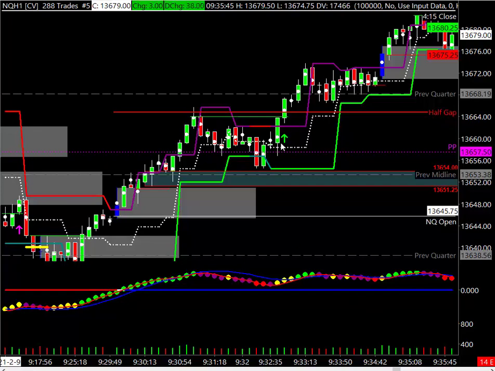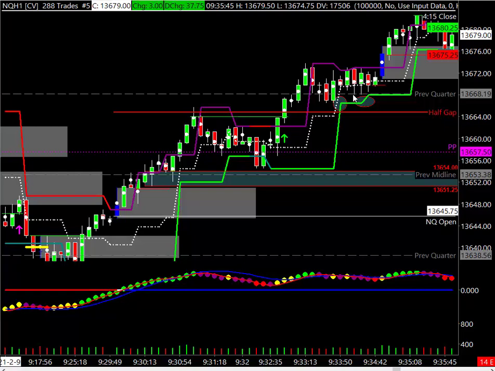So let me clear the camera and we'll go to the next one. All right, using the same zone here, since we had a good pullback and took off, we're sitting on one of our quarter lines. The next swing point support comes in. Another green support lift off of our swing point.